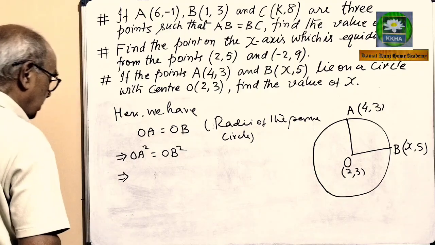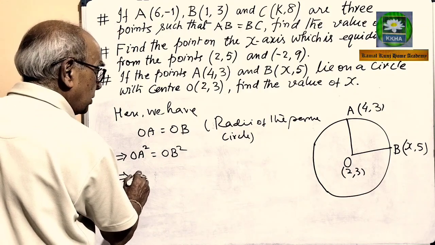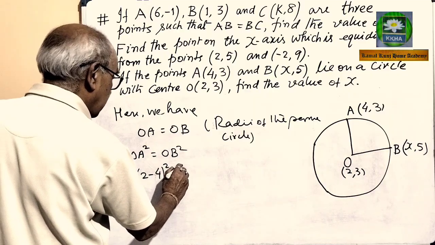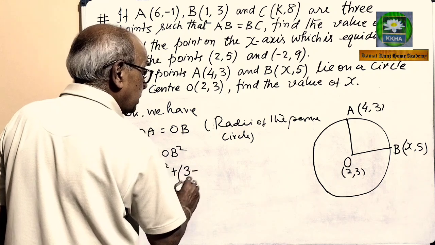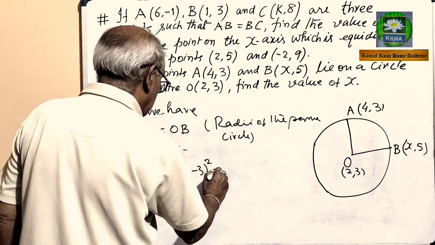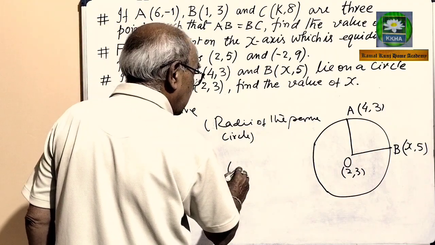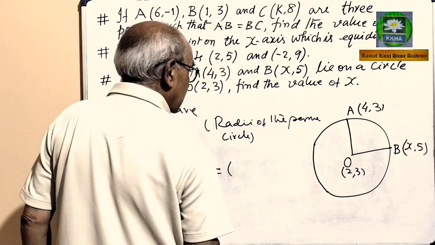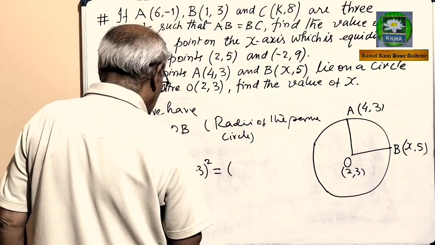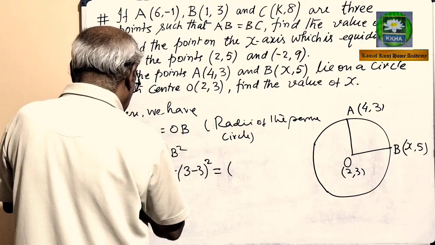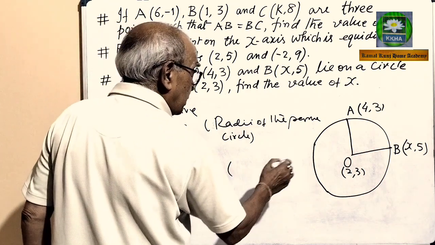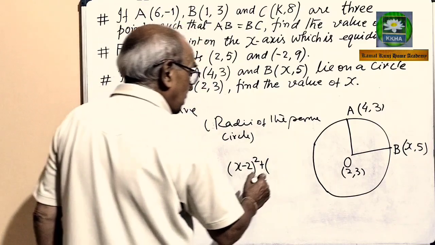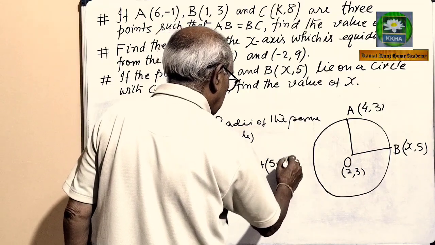Now, using the distance formula, we have OA square equal to (4 minus 2) whole square plus (3 minus 3) whole square, equal to OB square, which is (x minus 2) whole square plus (5 minus 3) whole square.